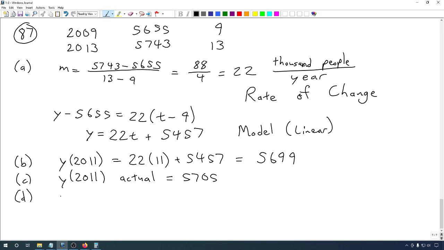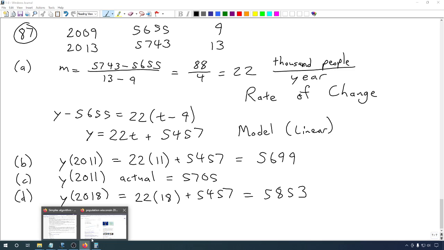But let's see what our model predicts. In 2018, of course, remember that means our t here is going to be 18. So you have 22 times 18 plus 5,457. Again, go ahead and use a calculator here. This is 5,853.